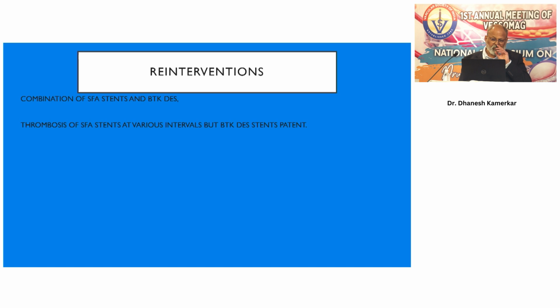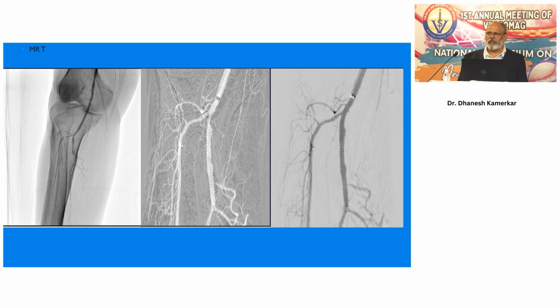When we look at the reinterventions in my study, 6 had reinterventions, all with a combination of SFA stents and BTK drug-eluting stents. There was thrombosis of SFA stents at various intervals, but we found that the drug-eluting stents below the knee remained patent. Just an example here, you can see the extensive disease.